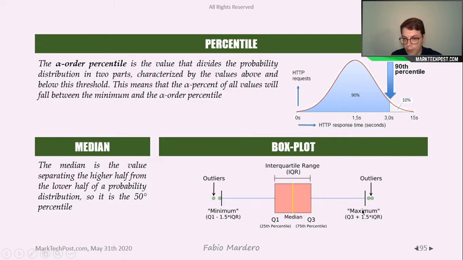So the box plot is the second graph that is used in the violin plot. The violin plot is the concatenation of the box plot and the KDE, the kernel density estimation.